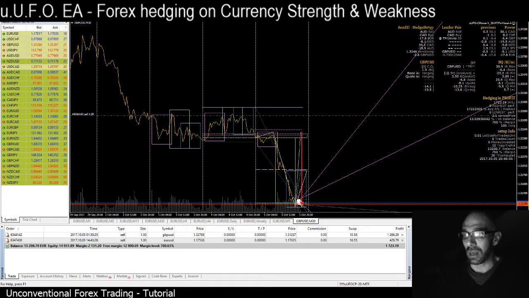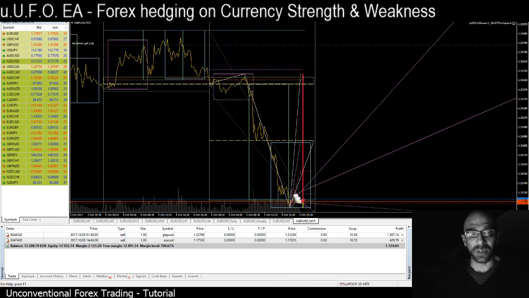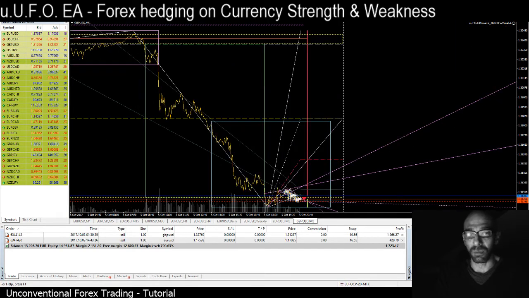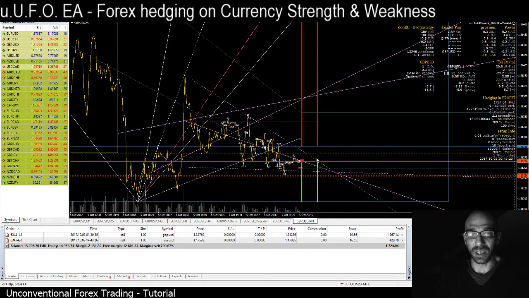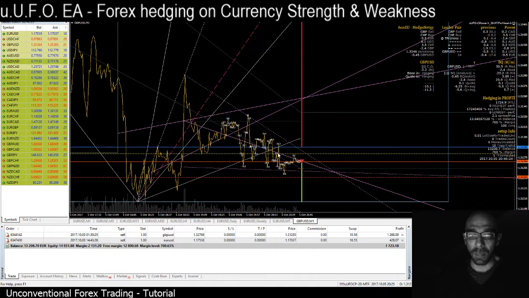Basically, these lines can be projected on different time frames, but they are static, so what we see is not changing with the time frame, but is something more stable.